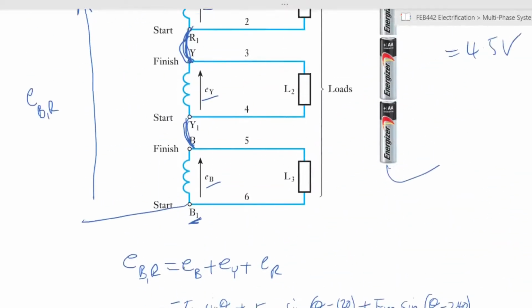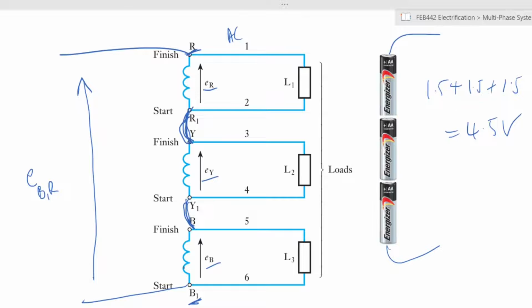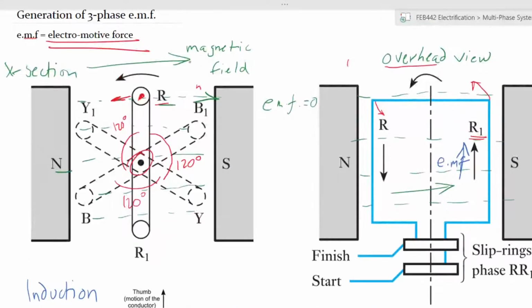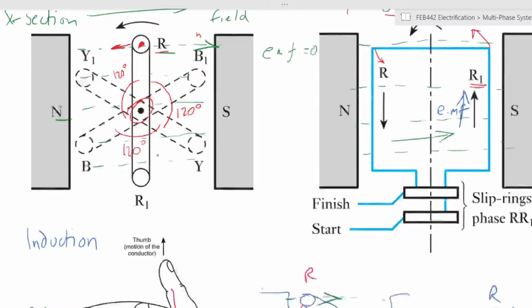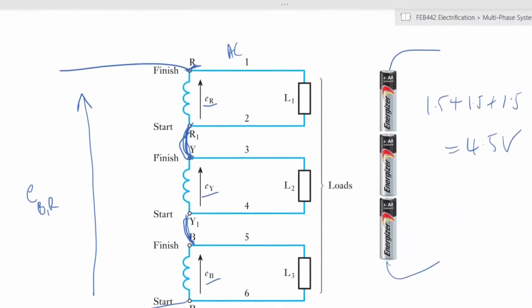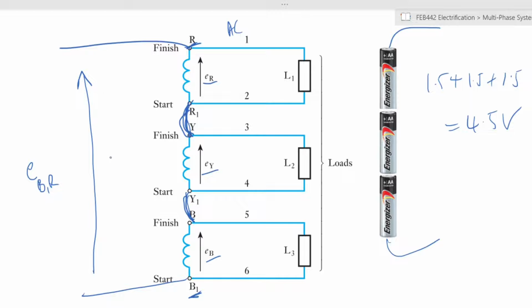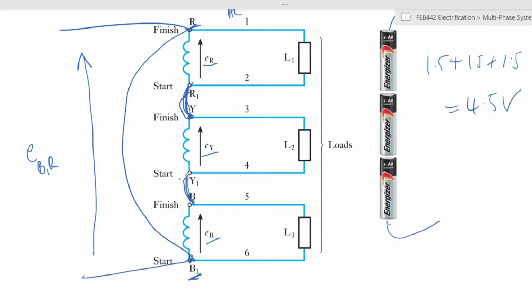So what does that imply? It means that when you connect three-phase voltages that are mounted on the same axis, there's no net voltage between these 2 points, which means that this point and this point are at the same potential. So you could actually connect up these 3 different windings internally without there being any flow internally.